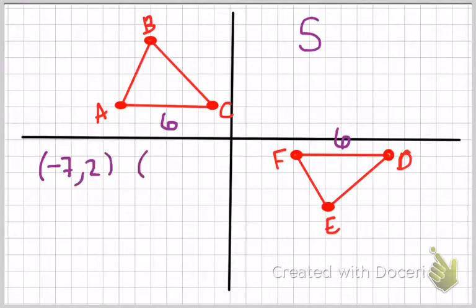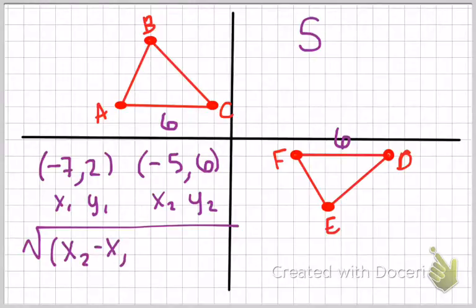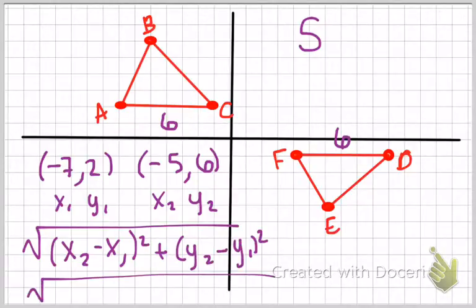And B is located at negative 5, 6. Remember to label them x1, y1, x2, y2, and then plug into the distance formula. The distance formula is the square root of the change in x squared plus the change in y squared. So my x2 is negative 5 minus my x1 of negative 7, plus my y2 is 6 minus my y1 is 2.